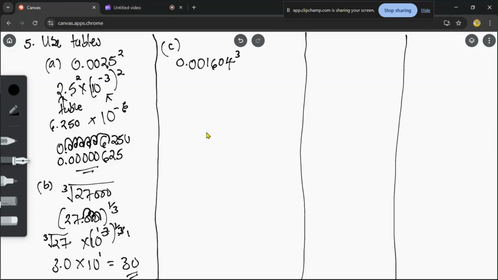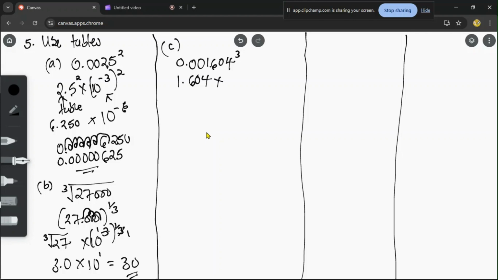The same thing, this number is too small, it can't fit in my table. The table of cubes begins from 1.1, so I'll have to move the decimal enough steps to make it fit in my table. I can move 1, 2, 3. The decimal should be there, so I'll say 1.604.